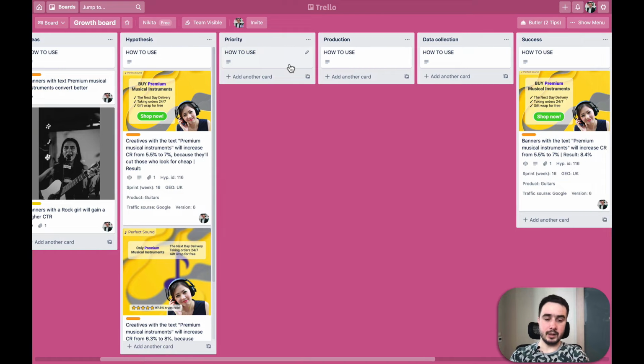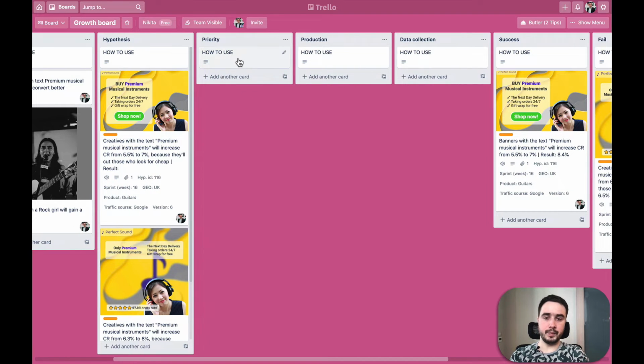Then you have a meeting, probably online, and you vote which of these cards are better to test this week in this sprint. You rank them, so the higher your card is, the more priority it gets. Some cards can go to the next sprint, and probably when you discuss your hypotheses during your meeting, you will add some hypotheses from this column into your current sprint.